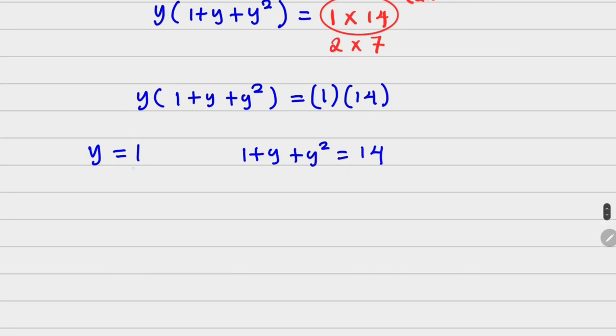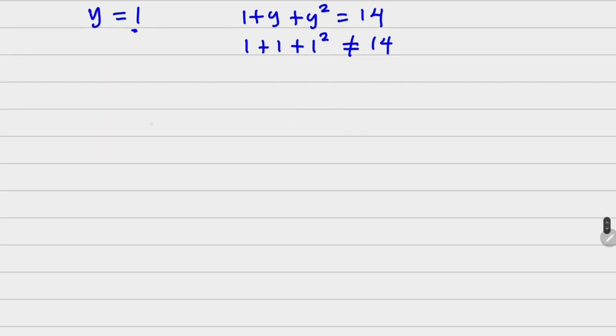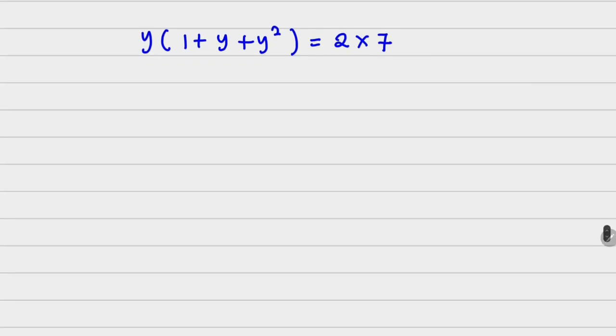But if y is equal to 1, then this will be 1 plus 1 squared, which will never be equal to 14. So you see, it doesn't add up. So I cannot use this because it is wrong. Instead, I'm going to use y into 1 plus y squared is equal to 2 times 7. This is the right one to use. This will fit what I want.